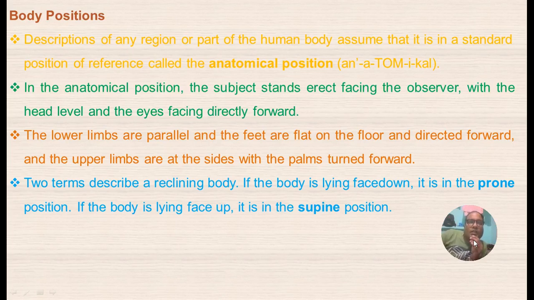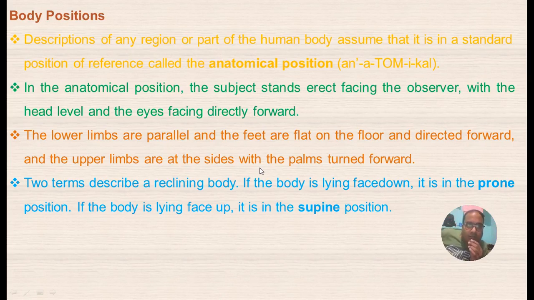In the anatomical position, the subject stands erect, facing the observer. If you are the observer studying any subject, the body should stand erect with the hands level, eyes facing directly forward. The lower limbs are parallel and the feet are flat on the floor and directed forward, and the upper limbs are at the side with the palms turned forward.